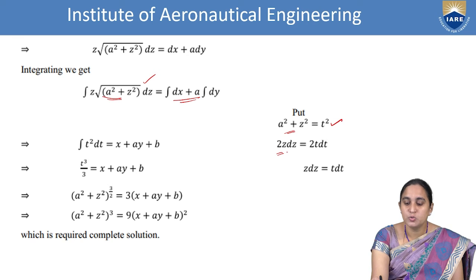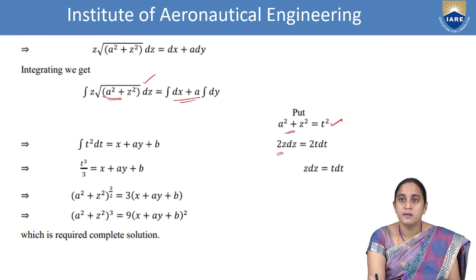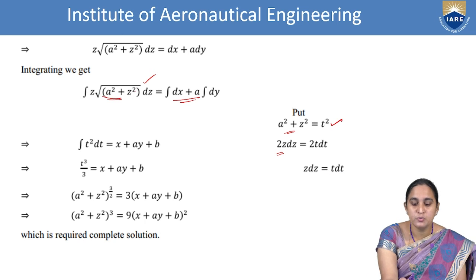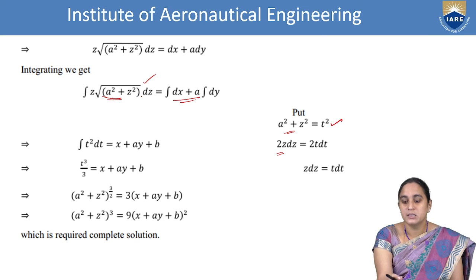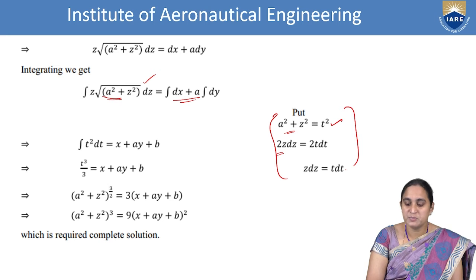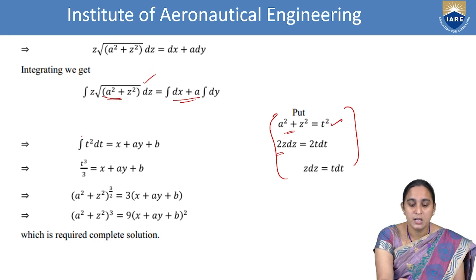From that, 2z dz is equal to 2 into t into dt. On both sides the 2 cancels, that is z into dz is equal to t into dt. Now I'll reduce z into root a square plus z square into dz as a single term. That's why I'm assuming these conditions here. Now I'm substituting each and every value.